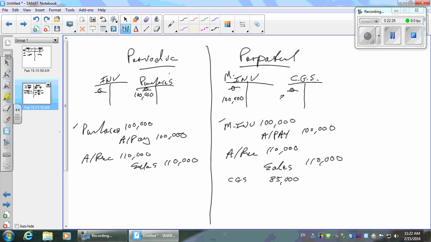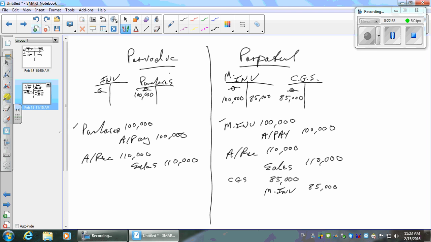Yes, I got 85 in here. So sales of 110 less 85 cost of goods sold is what? Gross profit of 25. Right, guys? Gross profit of 25. What would I credit for 85? What am I going to take it out of? Merchandise inventory. You got it. 85 coming out of merchandise.